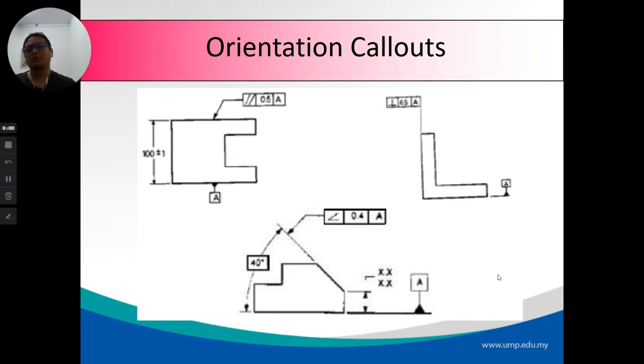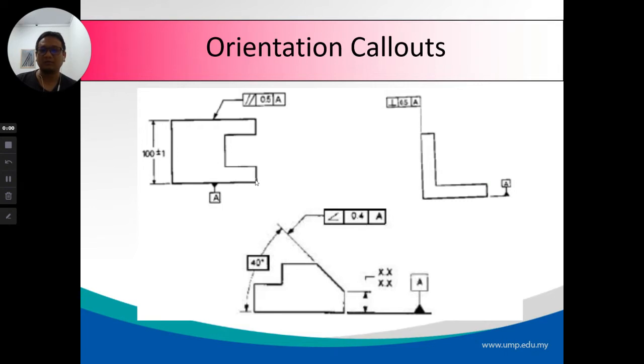So you have three. The first one on the left side, you have a parallelism of 0.5 at datum A, a perpendicularity of 0.5 at datum A. All right, it's perpendicular.